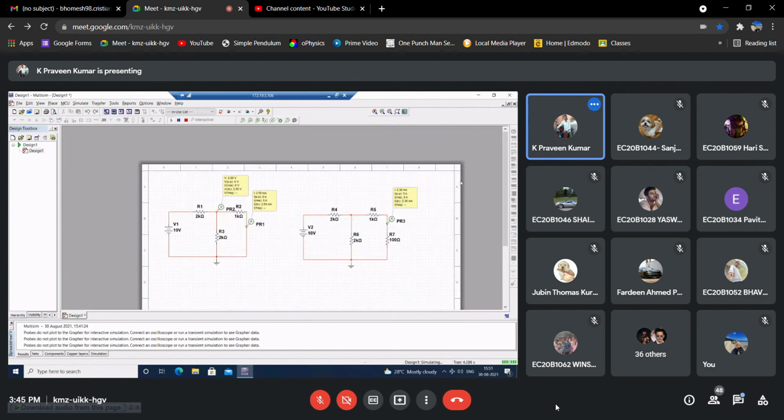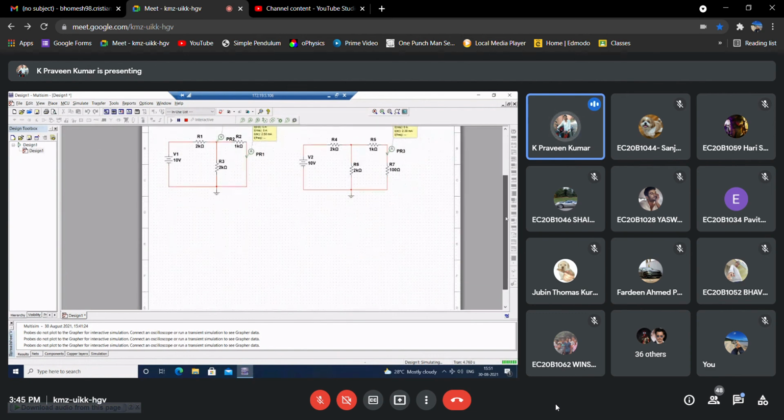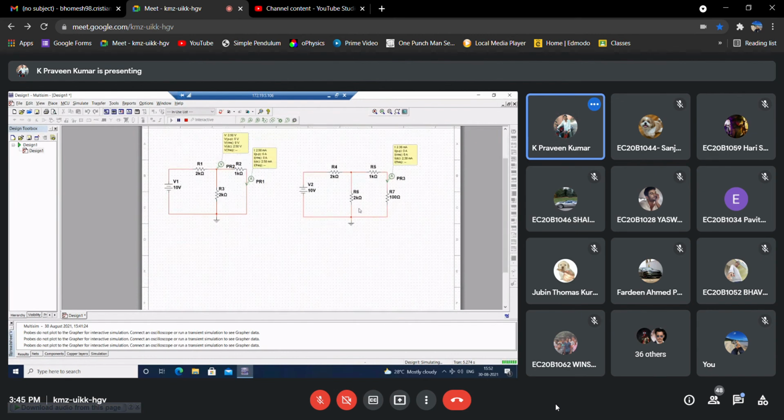Now we need to verify the response with its Thevenin equivalent. So that also we will do.